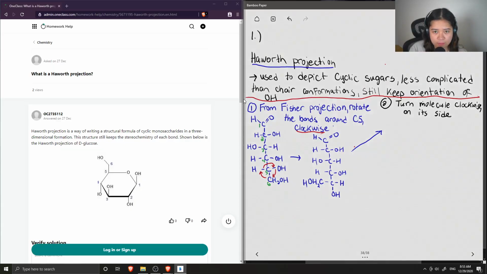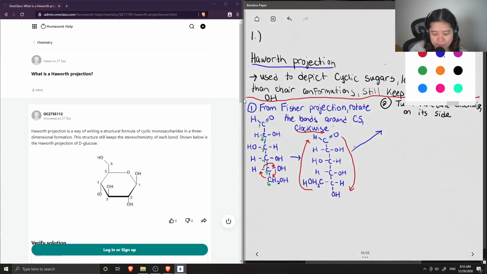So I'll draw that right below it. If we were to rotate this whole thing, I'll try to show an arrow, rotating it on its side.